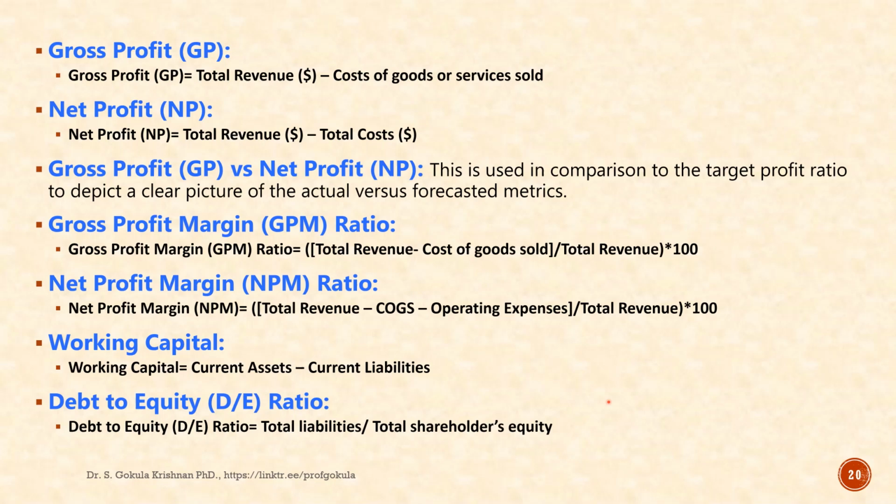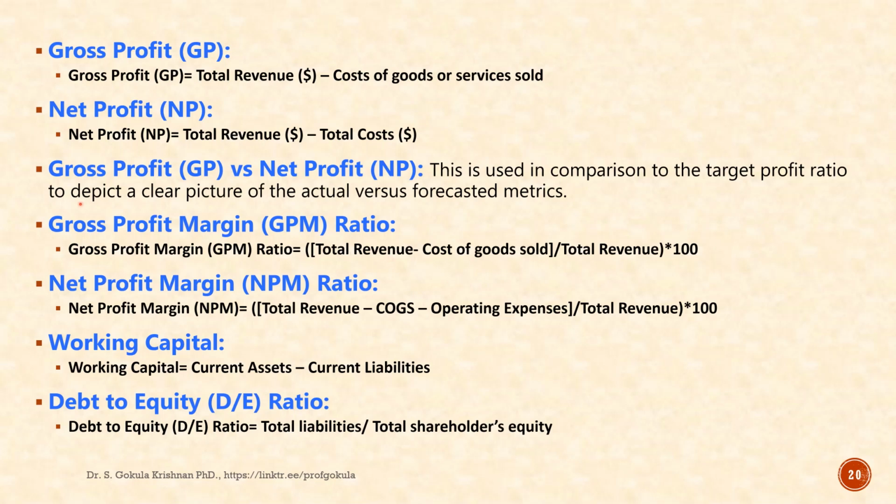Normally, whatever investment you have, you need to have a proportionate amount towards working capital, because day-to-day and routine activities rely on your working capital. Current assets and current liabilities are the formula to calculate it. The rest of the formulas you can understand, and they are self-explanatory.